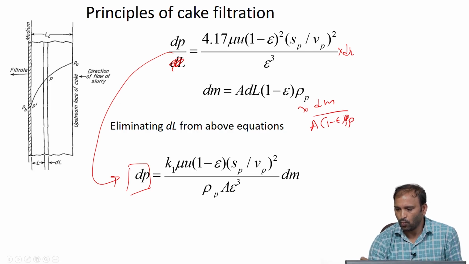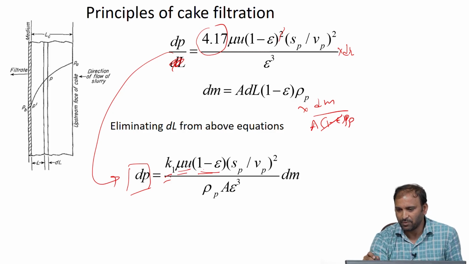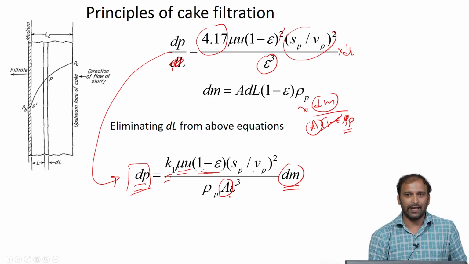So one of the epsilon terms essentially cancels, and I am left with 1 minus epsilon here. There is k1, there is mu u here, so I'm taking this as a constant k1. Of course Sp by Vp remains here, and I have dm that comes in, and there is A here, and epsilon cube remains here, and rho p. So essentially I am expressing delta p in terms of delta m.